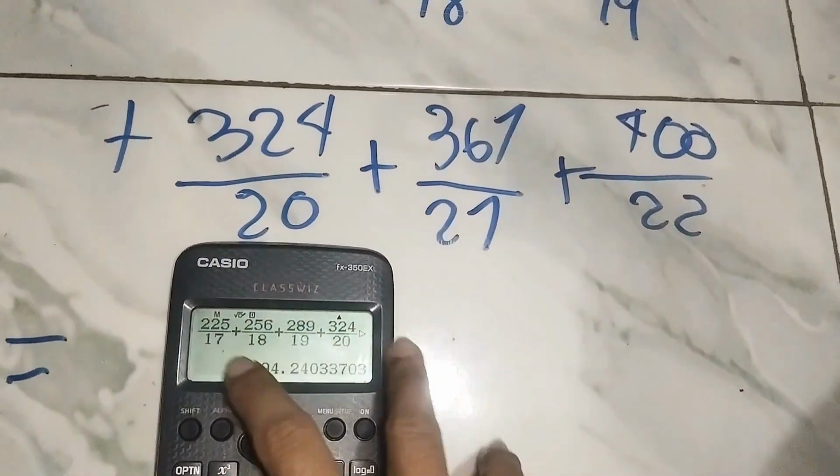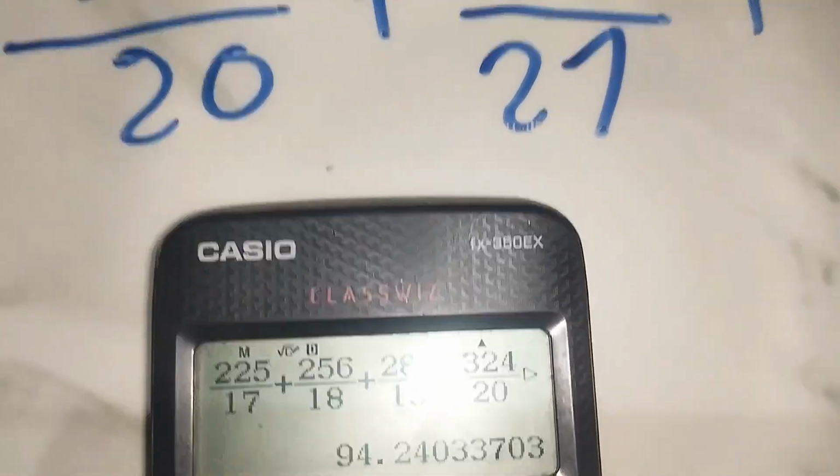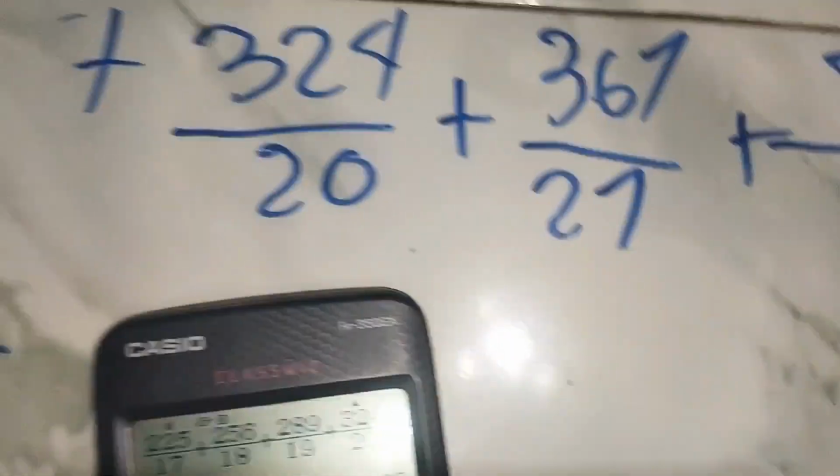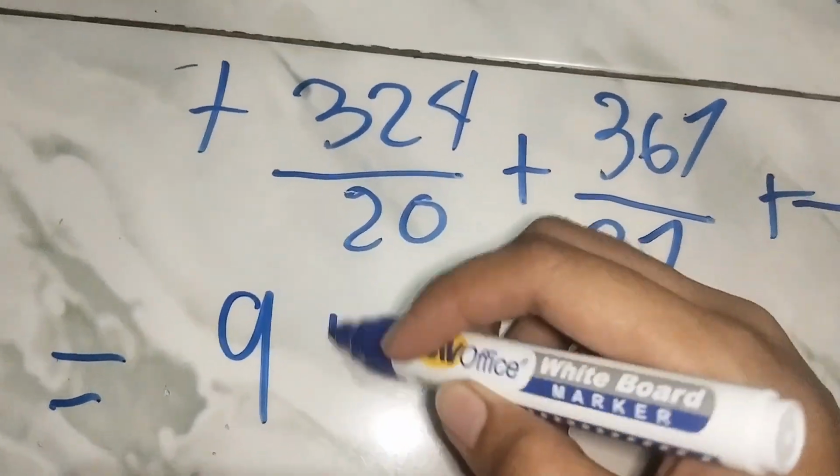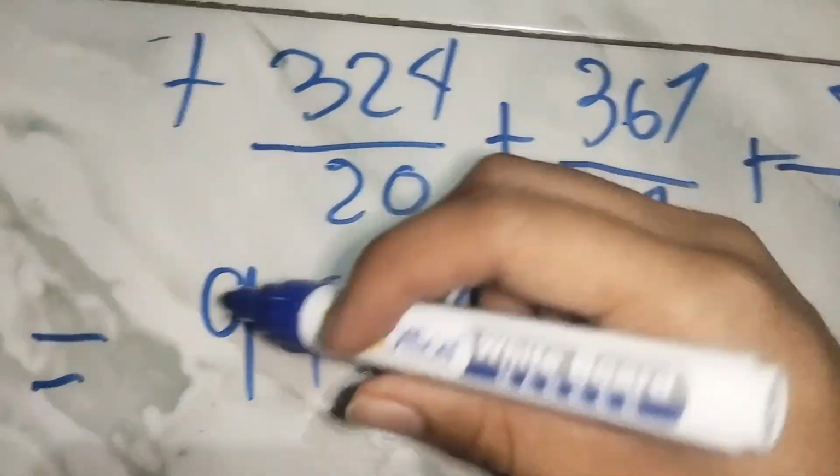We have here our total is 94.24. Okay, we have a total of 94.24 degrees.